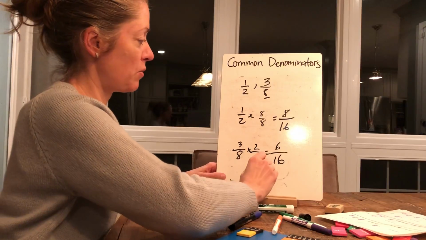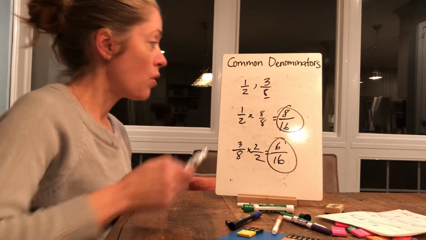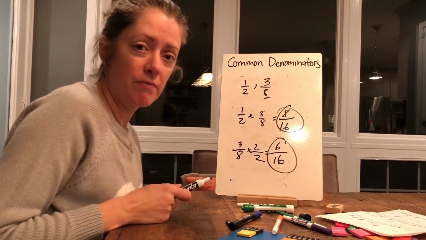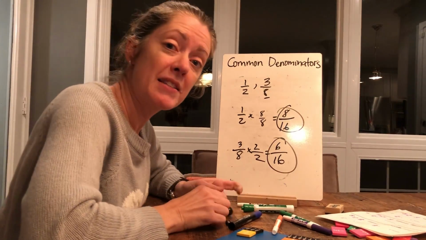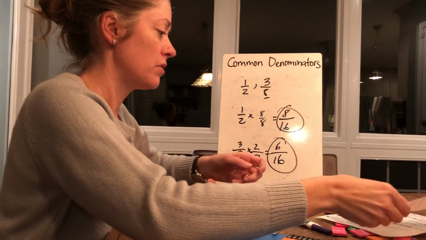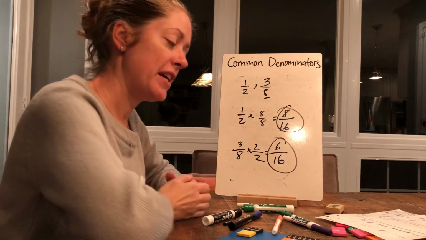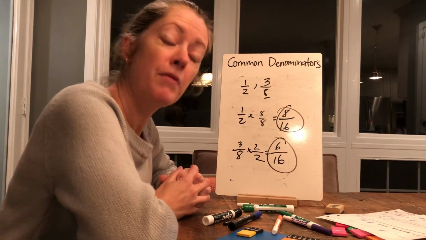So your final answer would have been 8/16 and 6/16. Or, if you'd done the first way, it could have been 4/8 and 3/8, okay? I hope that all makes sense to you. Go ahead and stop the video for now.